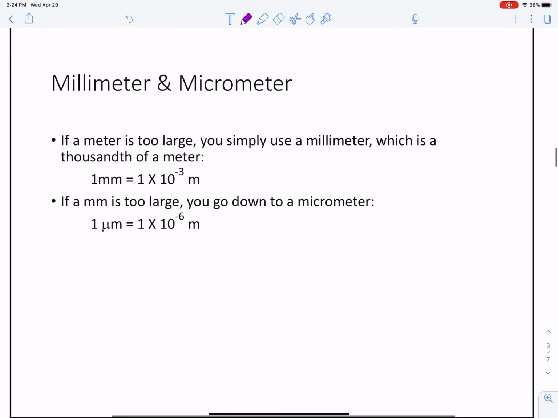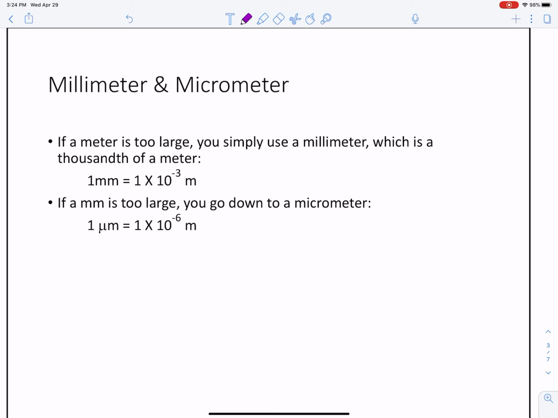Now, when we look at really, really small things, I already mentioned a centimeter, right? 100 centimeters is equal to 1 meter. When we look at something even smaller than a centimeter, we find 1 centimeter is equal to 10 millimeters. So that means we can begin to relate this meter to a millimeter.